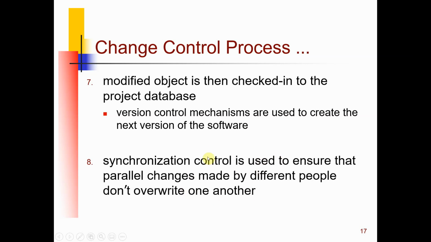We will simulate the situation that a manager assigns a large class in Java to different engineers, and then they create branches and work in parallel, and later on you merge them to become the final code. So we are simulating this process today. Okay, so this synchronization control is used to ensure there's no overwriting.